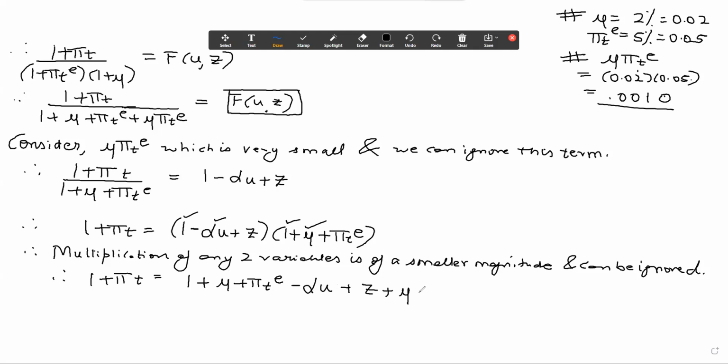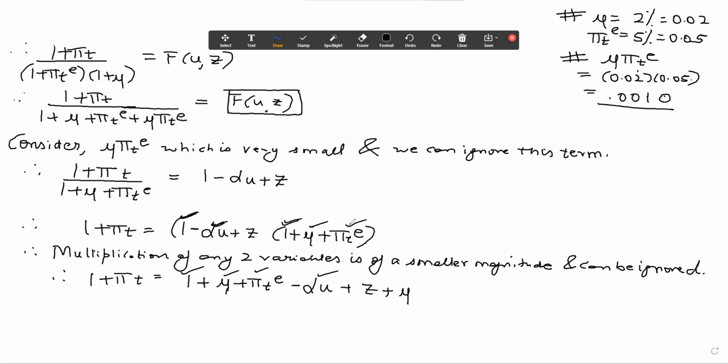This is the term we get once we multiply. So I am again showing you how we got this. 1 into 1, 1, 1 into mu, mu, 1 into pi te, pi te. Minus alpha u into 1, minus alpha u, minus alpha u into mu, ignore.